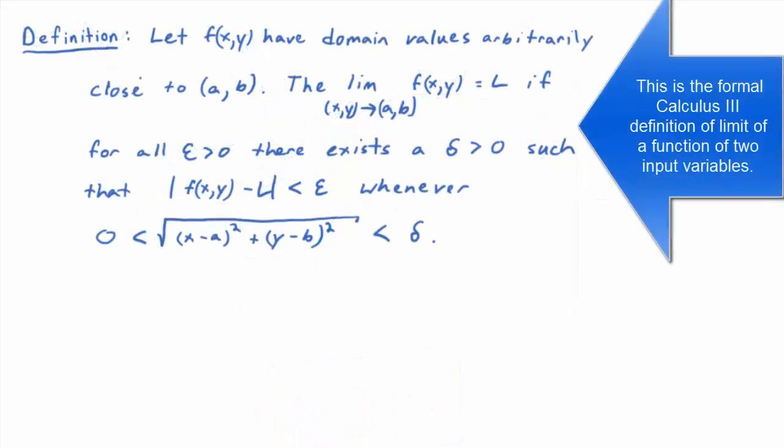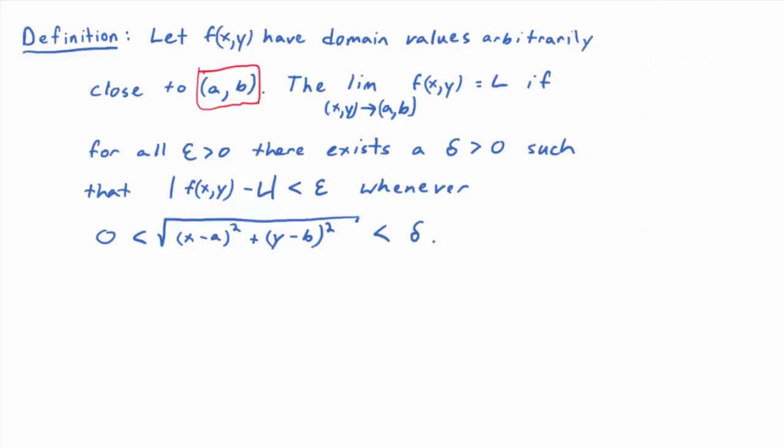So here's the definition. Let f of (x, y) have domain values arbitrarily close to (a, b). So it's very important that (x, y) can approach (a, b) and get as close as we like, okay? The limit of f of (x, y) as (x, y) approaches (a, b) equals L if for all epsilon greater than 0.